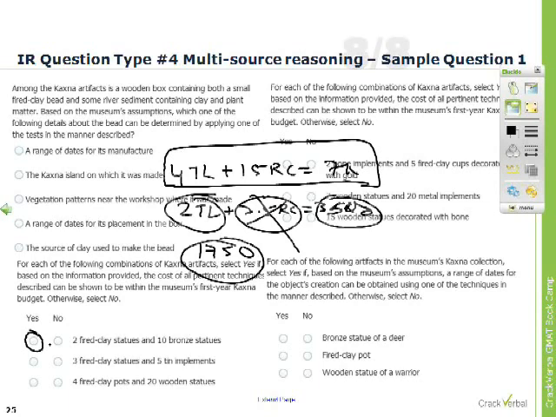Second, 3 fired clay statues. So if 4 is 7,000, then 3 by 4 of 7,000 is how much? 21 by 4, 5,200. Right? And 5 tin implements. What is the test for tin implements? Right?